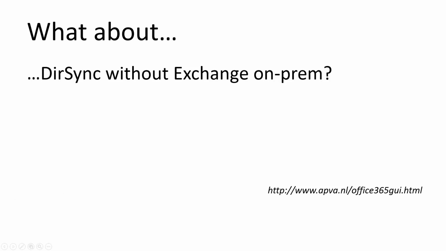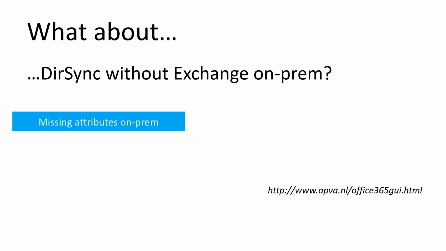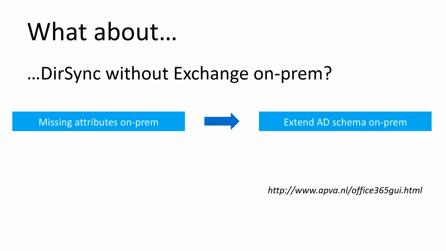So, how about DirSync without Exchange on premises? Well, the first problem is that you might be missing the on-premises attributes. To overcome that problem, you should extend the AD schema on premises.